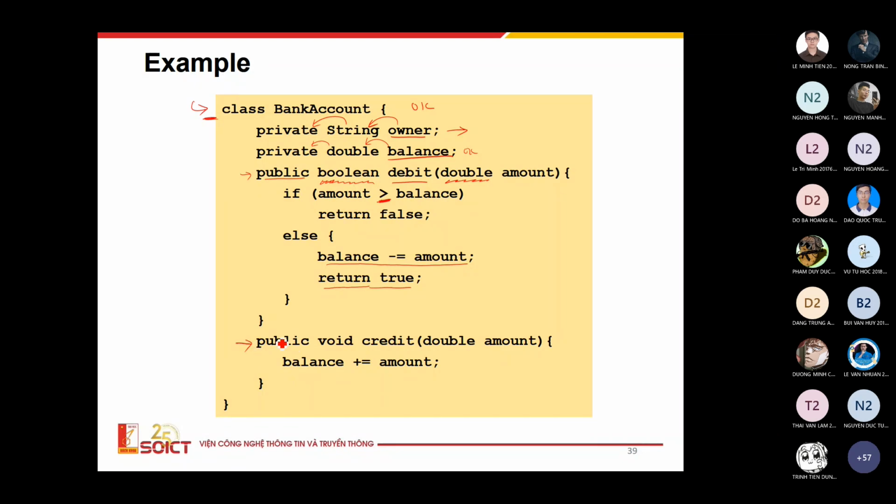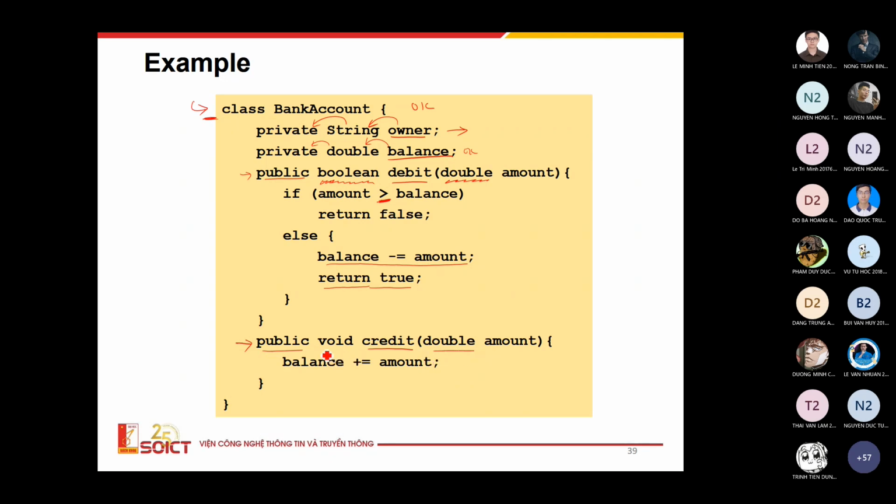Phải tạo một phương thức là credit có kiểu trả về là void, không có gì trả về. Phạm vi truy cập là public, có một tham số truyền vào là amount có kiểu dữ liệu là double.